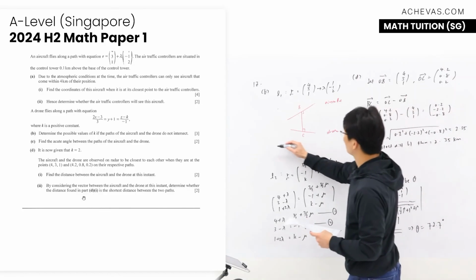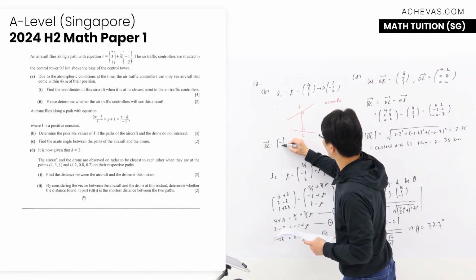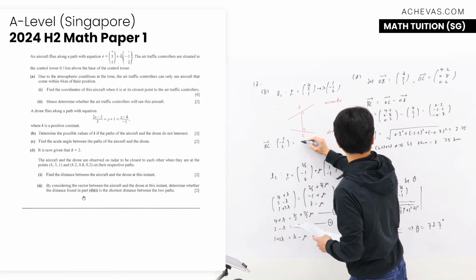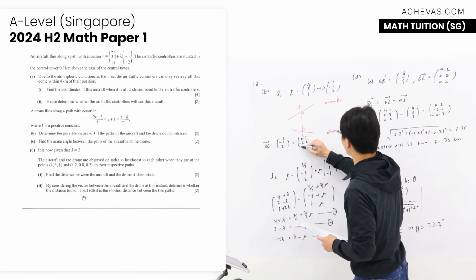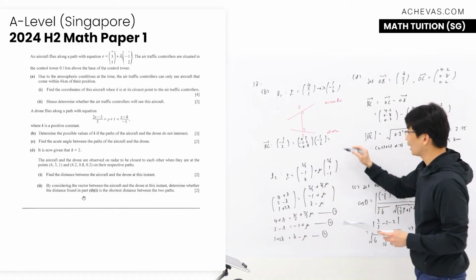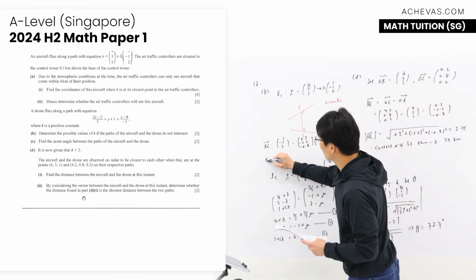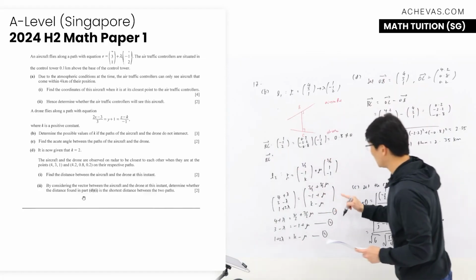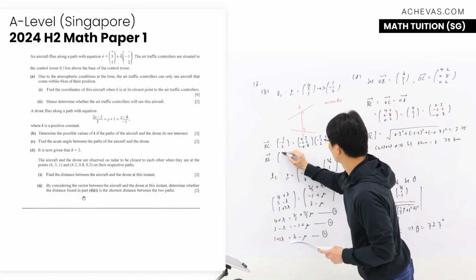Therefore, let's try BC dot with (1, -1, 2). I will get (0.2, -2.2, -0.8) dot with (1, -1, 2). Dotting this out, I will get an answer of 0.8, which is not equal to 0. And likewise, I'm going to do this for this particular line, dot with (3/2, 1, -1).